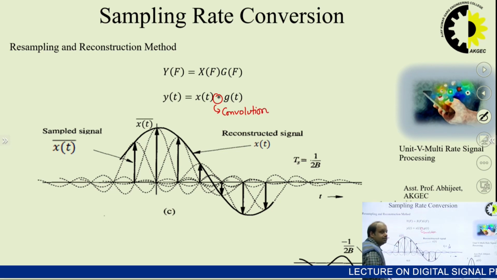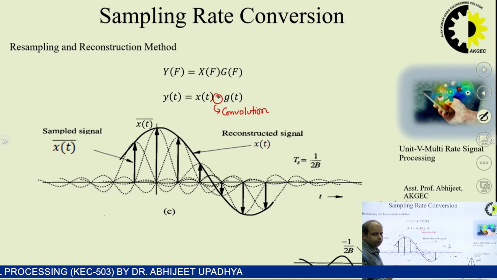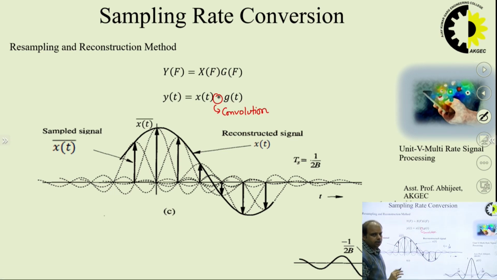Now what is g(t)? It is a sinc. If I calculate the convolution, you can understand that in convolution we multiply the signal and its shifted version, and the product is added. So in this case, if the sampling instants are defined, the maxima of each sinc pulse will give you the value of the sampled signal, and at all the other sampling instants that sinc pulse will be 0.